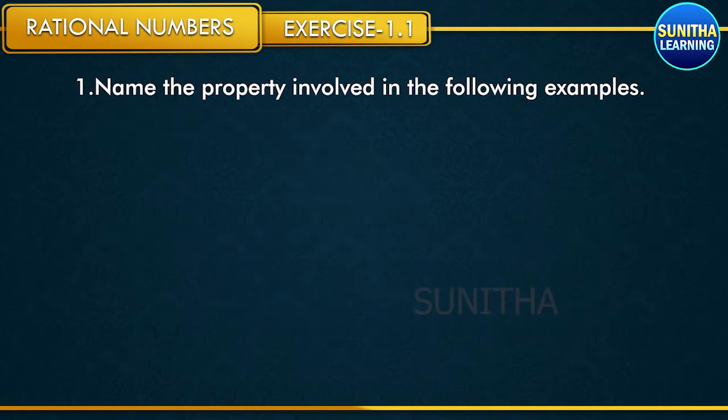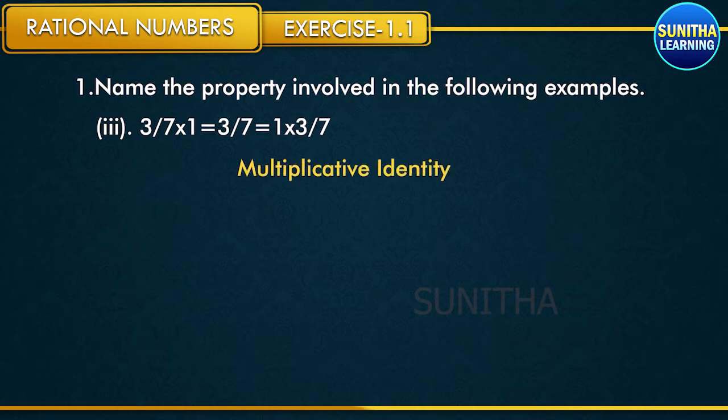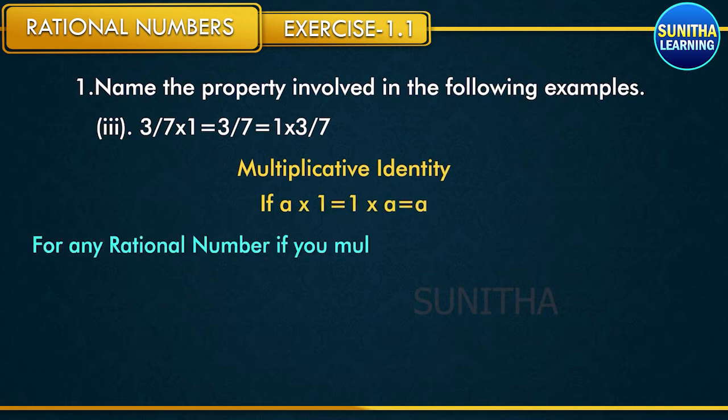Next one is the third one. Look at it. 3 by 7 into 1 is equal to 3 by 7, which is equal to 1 into 3 by 7. Now again, what is this identity? If any rational number is multiplied with 1, we are going to get the same number. Here the multiplication is there, and 1 means the multiplicative identity.